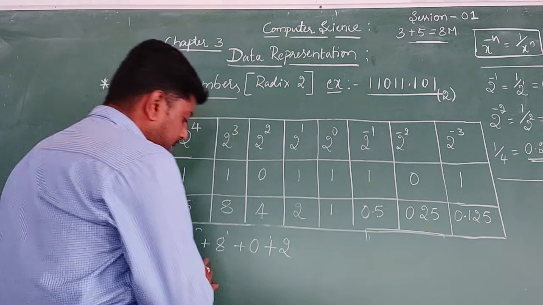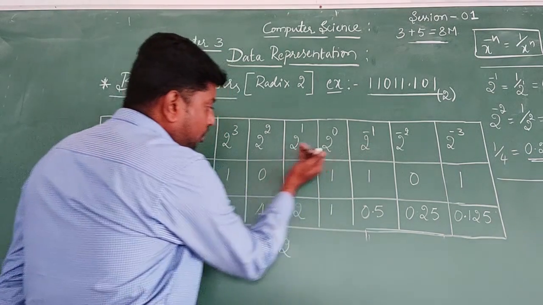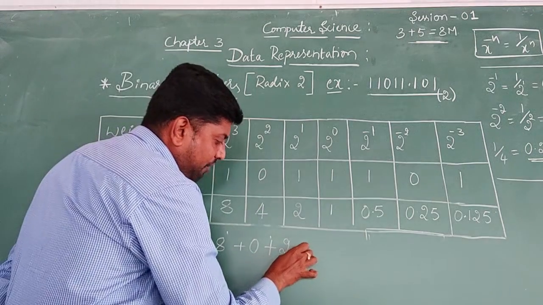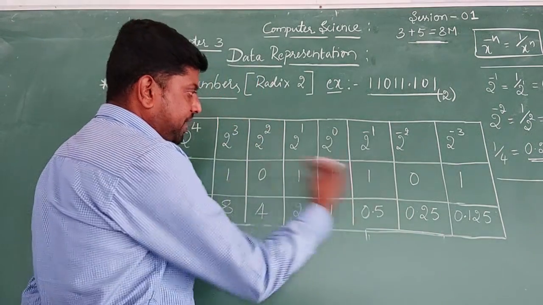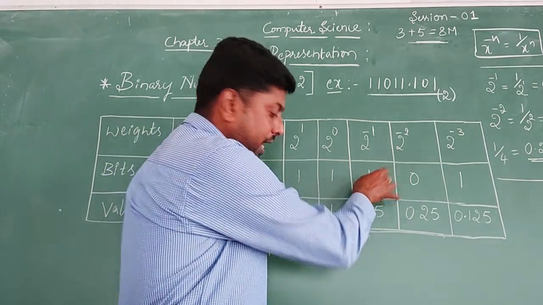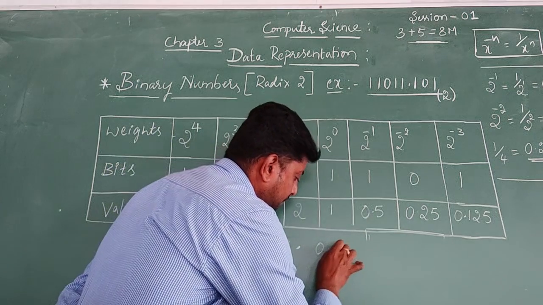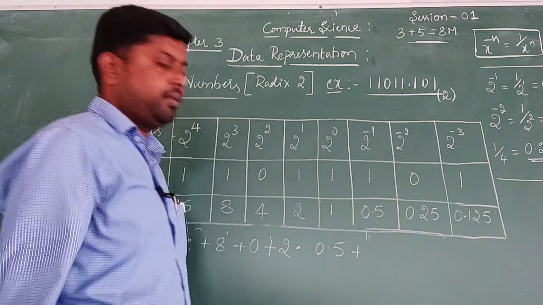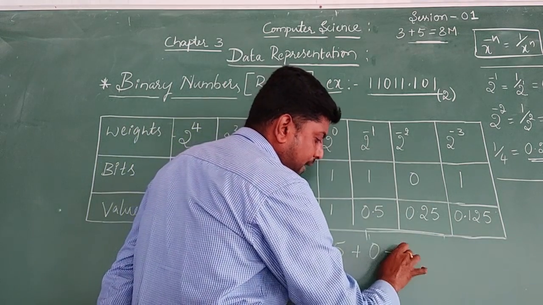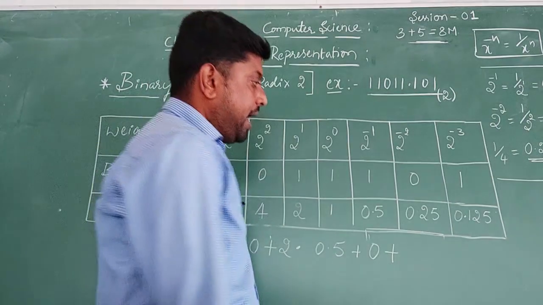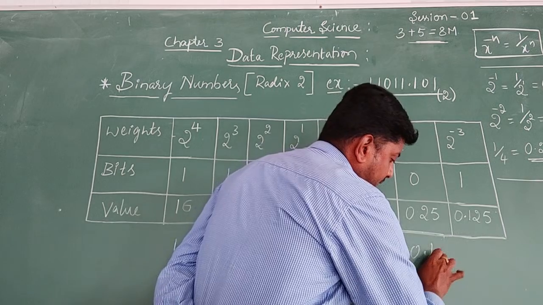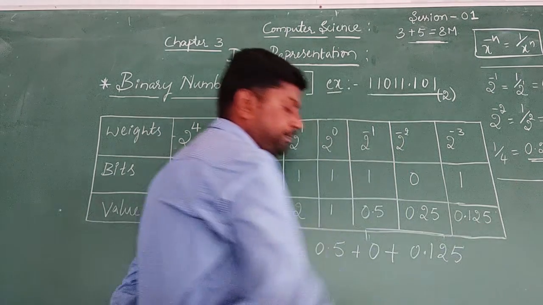Like that, before the decimal point the value is this much, and now I will calculate after the decimal point. 0.5 into 1, that is 0.5 plus 0.25 into 0, that is 0 only. Then 0.125 into 1, that is 0.125.